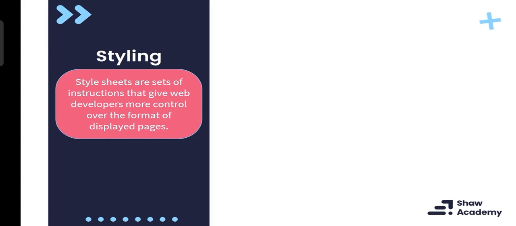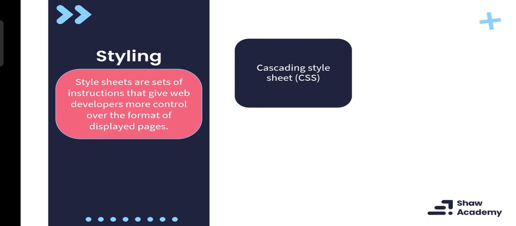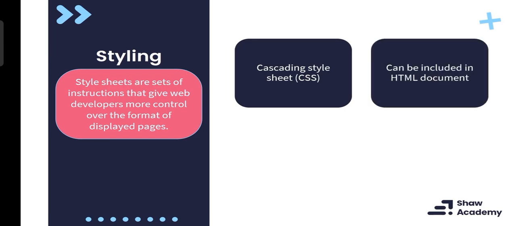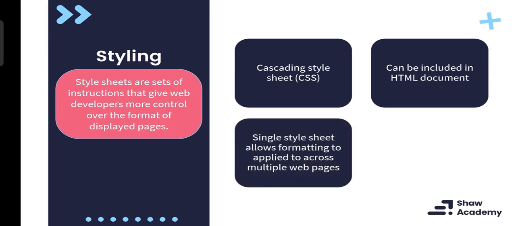Okay. So when it comes to styling, the most commonly used approach is a CSS style sheet, also known as a cascading style sheet. These can be included inside the HTML document, but it's not necessarily the best practice in web development. We can also use a single style sheet to style multiple pages across our website, and this is the preferred approach.